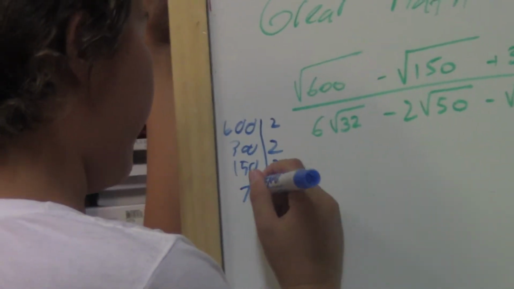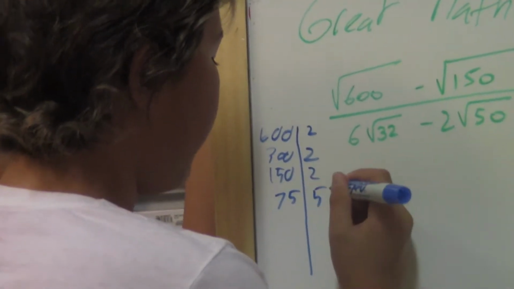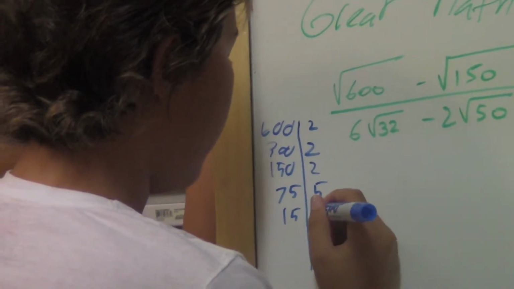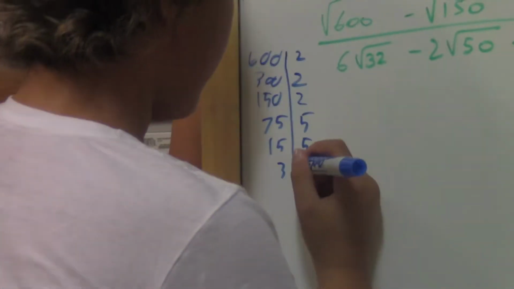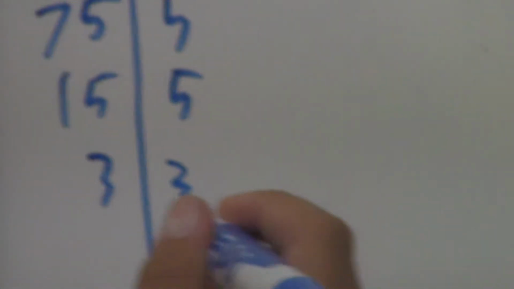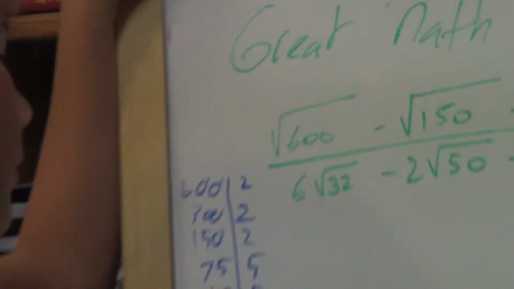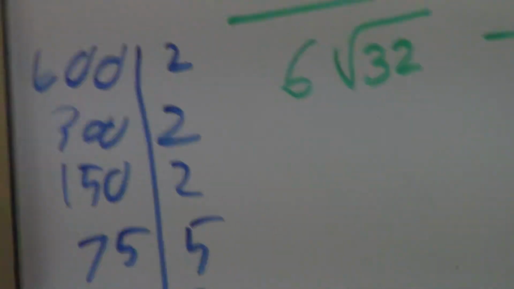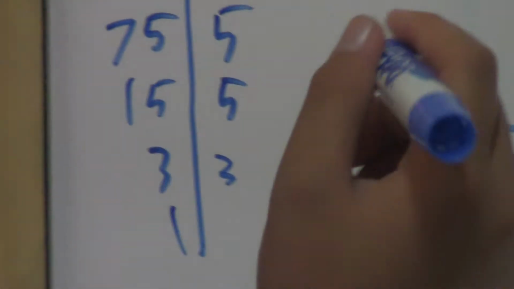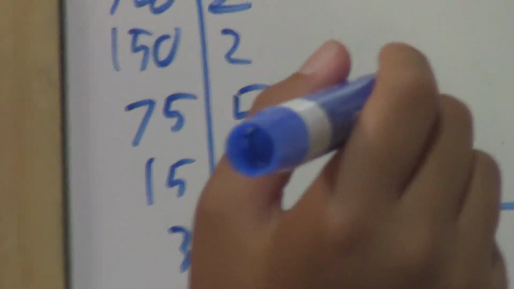Divided by 2 equals 75, and this is where I switch to 5, which gives 15, then 5, which divided by 5 equals 3, and then divided by 3 is 1. So it'll be 2 times 2 times 2 times 5 times 5 times 3.